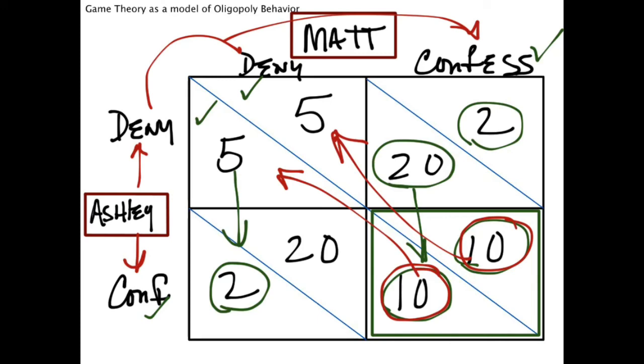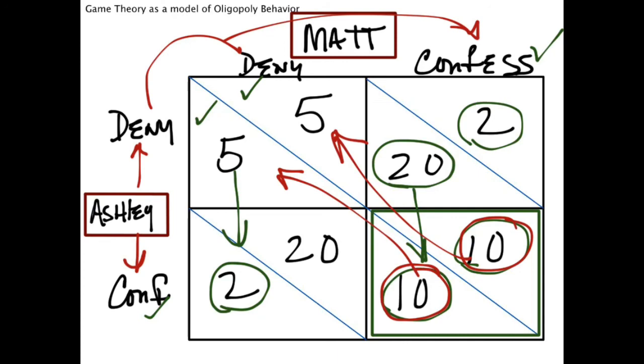In this case, the question is simple. Given that there's a Nash equilibrium of confession, is there a different outcome other than both of them choosing to confess that both Ashley and Matt could agree to make them better off?